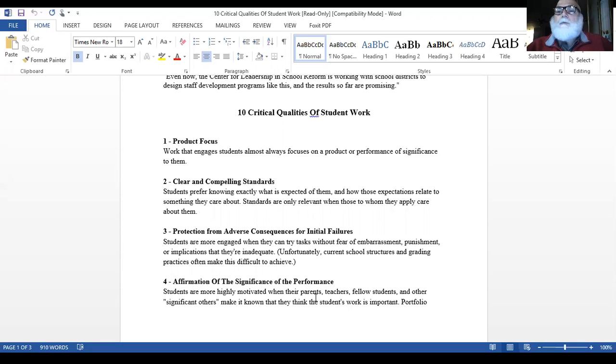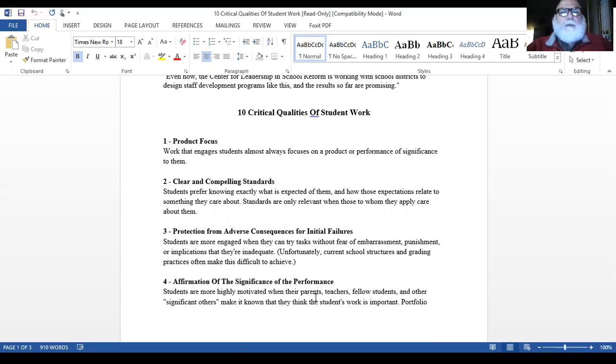Kind of like with you folks, your product is your portfolio work, and we have benchmarks along the way as you complete various components, and then various of the 6 evidences, and so that product focus is important in student work, not just giving you something to keep you busy for a certain amount of time.